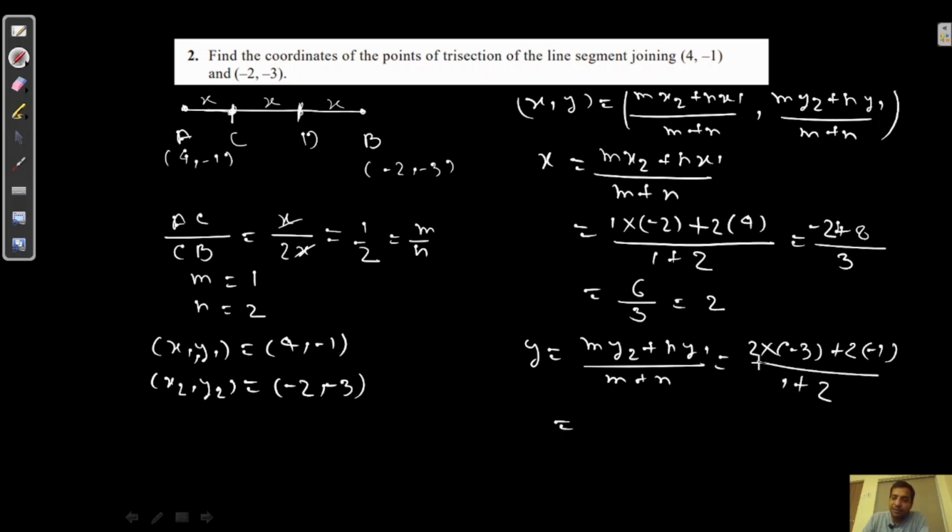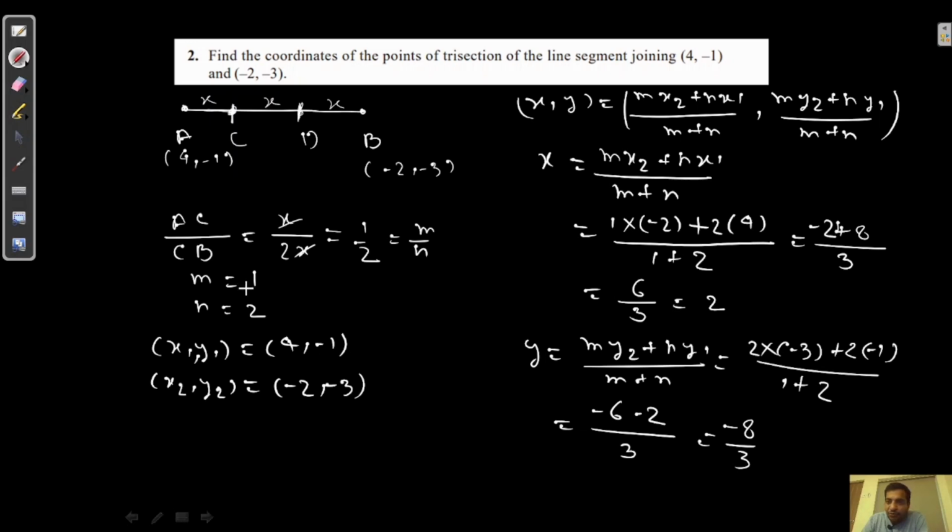Let us solve it. 2 into minus 3 will be minus 6. 2 into minus 1 will be minus 2. 1 plus 2 is 3. Minus 6 minus 2 is minus 8 by 3. Let us check if I have made any calculation mistake here. Minus 3 into 2. Yes, y2 is minus 3. And the value of m. Yeah, I have made a calculation mistake.